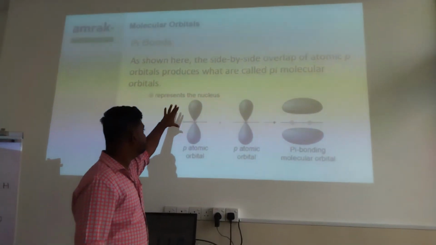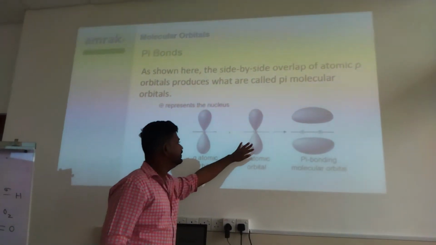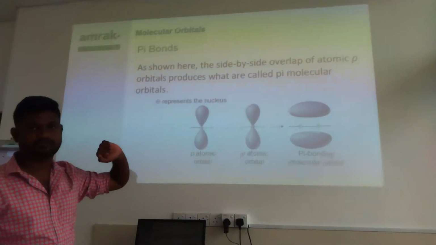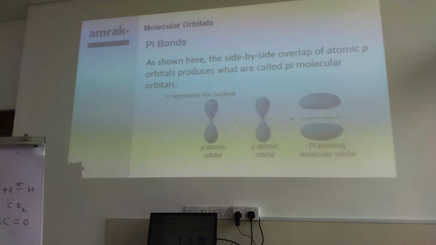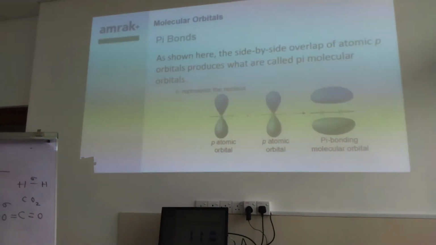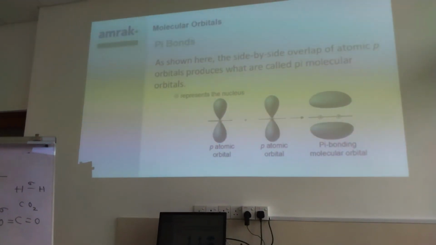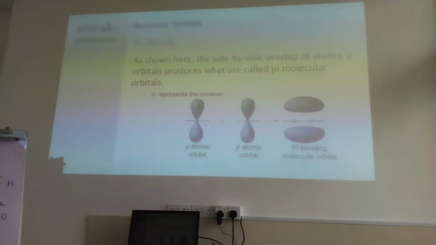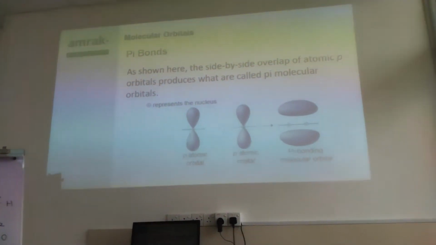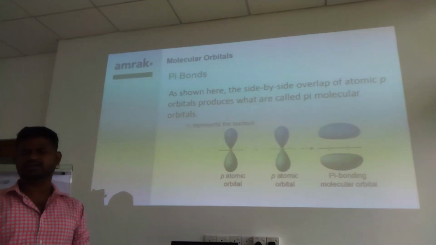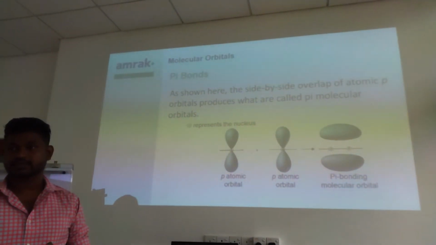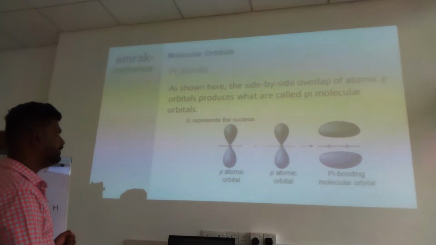But when these sides are bonded, then they are pi bonds. As shown here, the side-by-side overlap of atomic p orbitals produces what are called pi molecular orbitals. So the double bonds and the triple bonds are pi bonds. Single bonds are sigma bonds, right? Remember that.